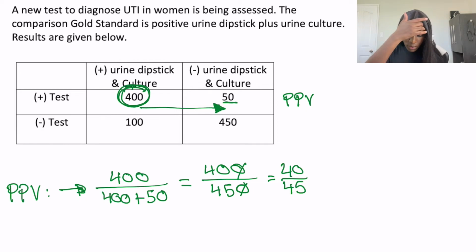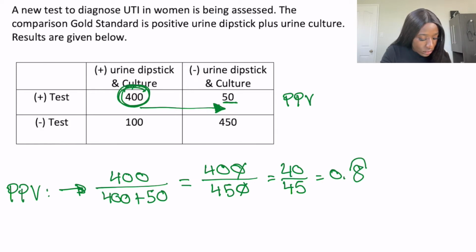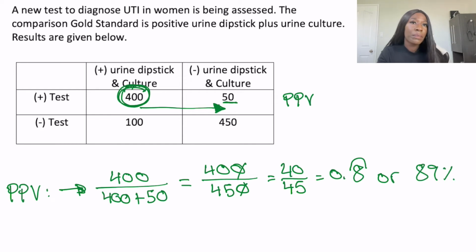That's 0.888, right? So 0.8 recurring. If we round up, it's 89%, kind of, right? So that's positive predictive value. Great, excellent. See, it didn't take any time.